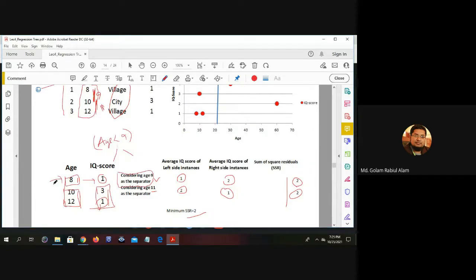In this case, just one instance. So on the left side, the average IQ score will be 1. And on the right side, the average IQ score will be 3 plus 1 divided by 2. That is 4 by 2, or 2. Average IQ score of left side instances is 1. So, 1. And 2, this is the 2.